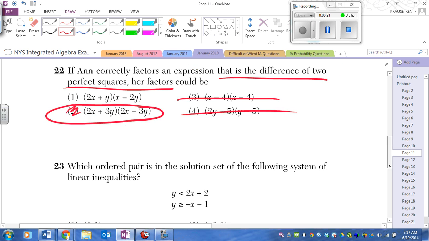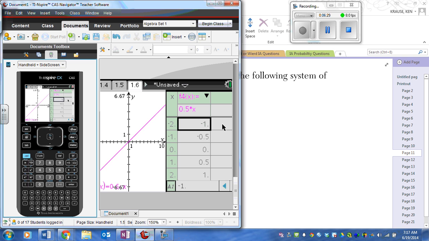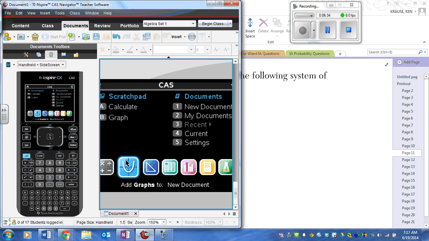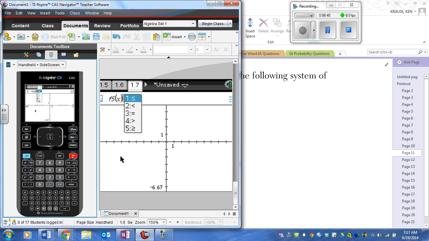Which ordered pair is the solution of this? Well, again, I can graph that, 2x plus 2. So what I will do is backspace.